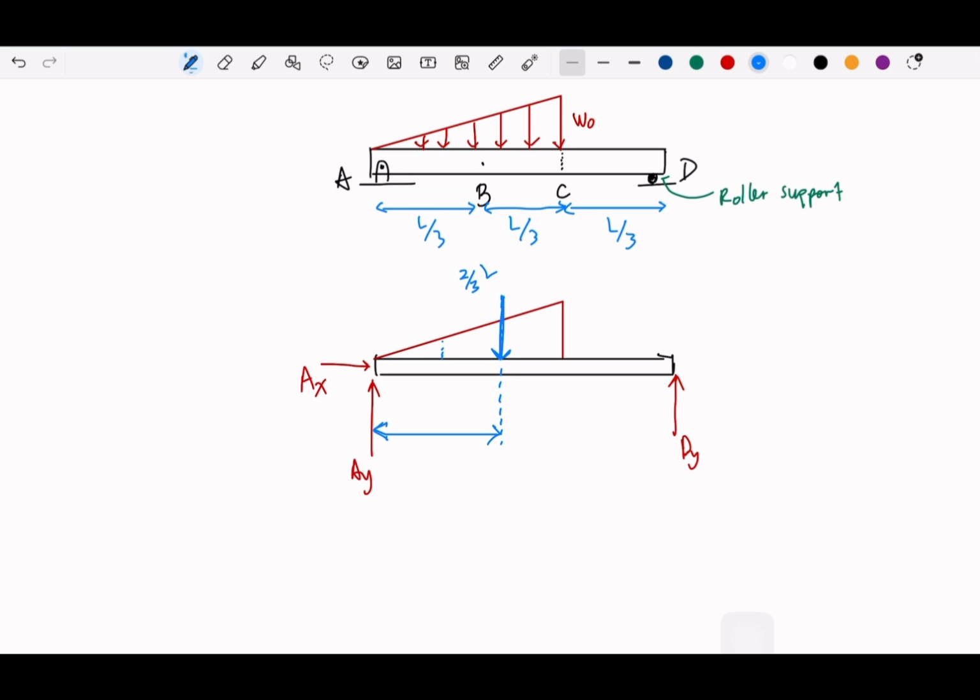So we are going to have 2/3 by 2/3. So this will be 4/9 L.